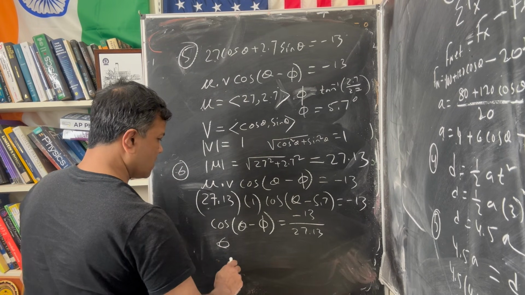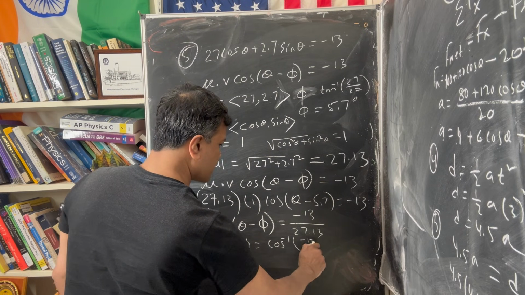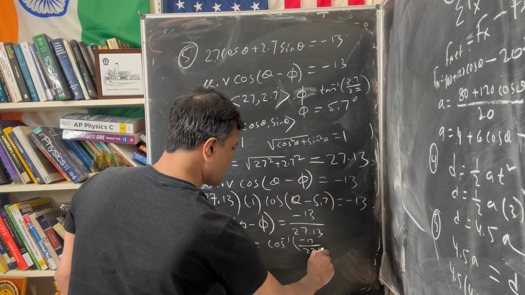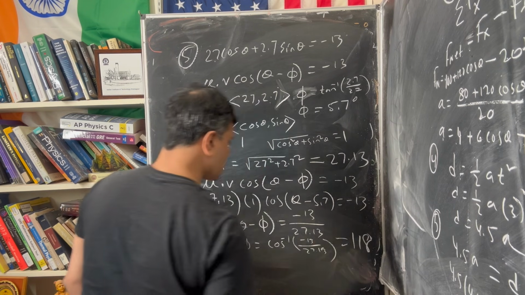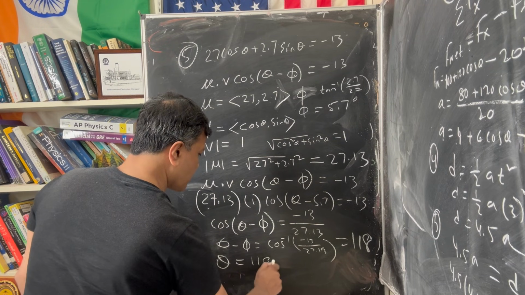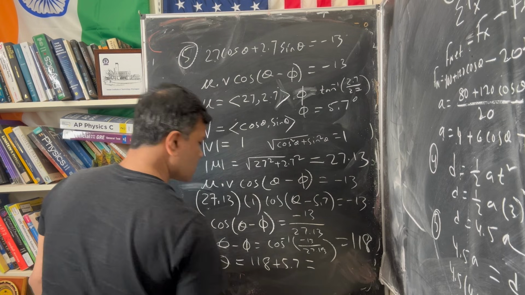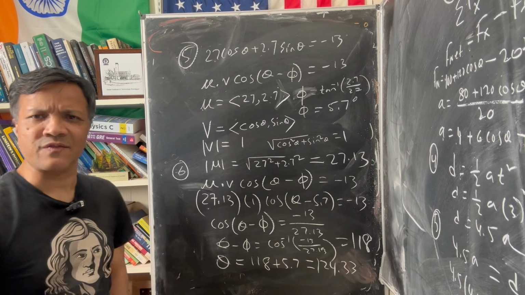So theta minus phi is equal to cosine inverse of negative 13 over 27.13. So this is 118. So theta is then 118 plus 5.7. So this is 124.33. I asked for 3 sig figs.